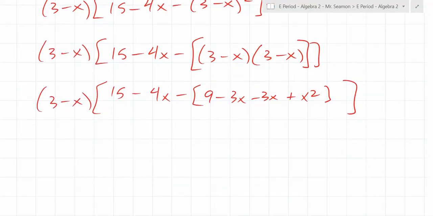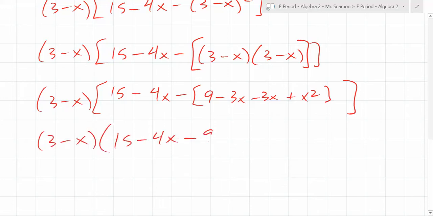Now, is there something we can clean up a bunch on the inside? Yep. So you have 15 minus 4x minus 9, and then you have minus 6x, so it becomes what? If it's minus 6 and you have a negative on the outside, it becomes plus 6x minus what? X squared.